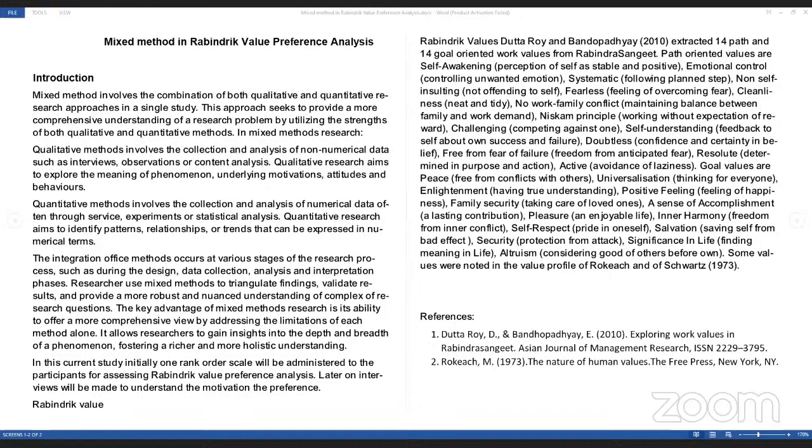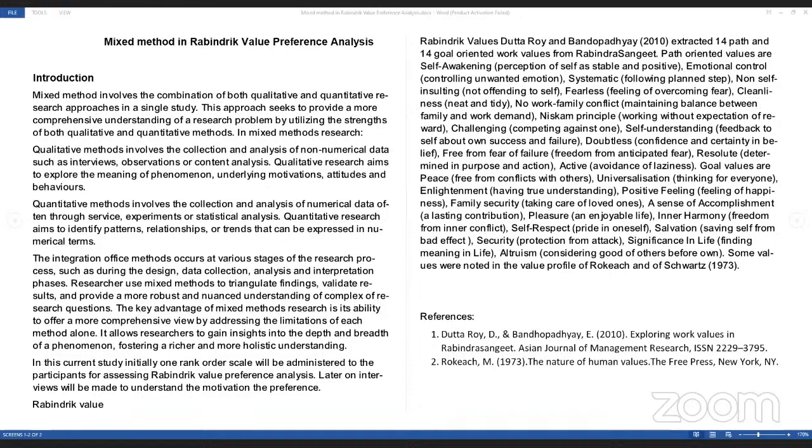So you can find out the relationship of value preference of two individuals, where the congruence is high and where there is incongruence. This is clear? Yes, sir.